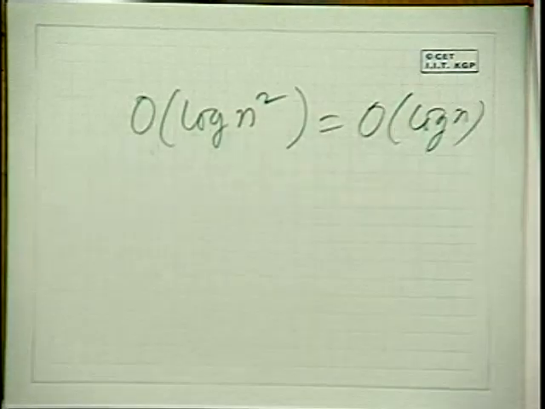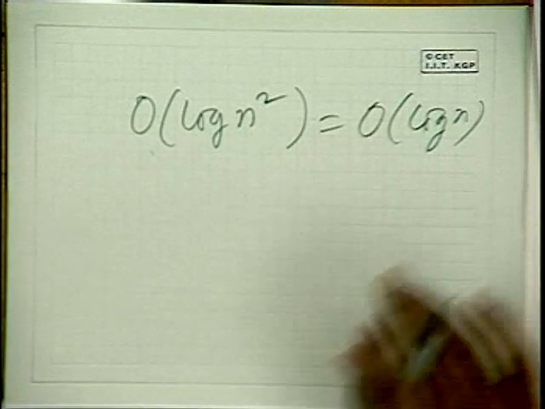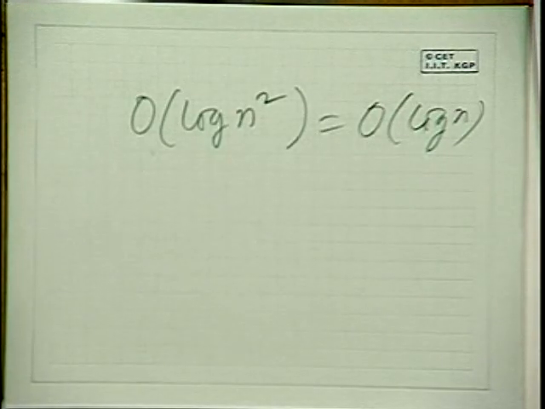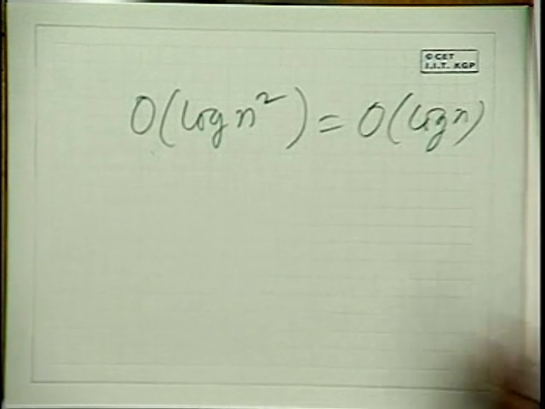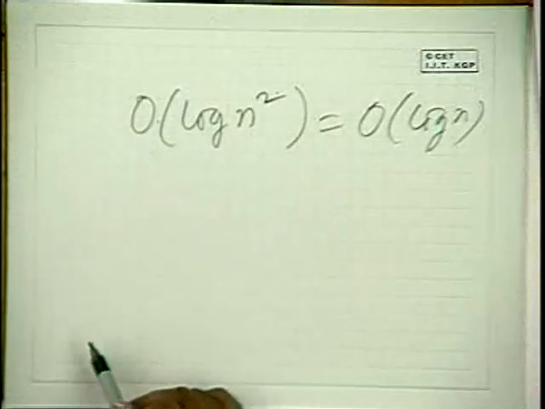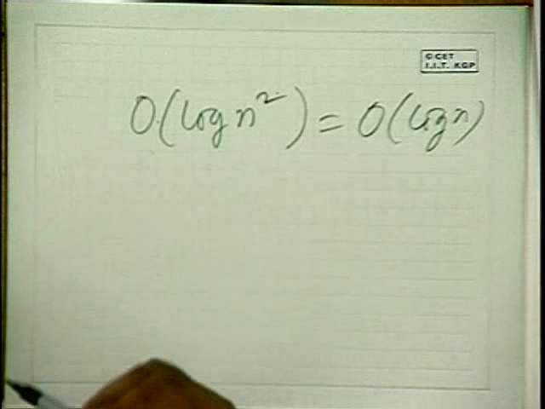Yes. So log of n to the power of some constant is always order of log n, because by the theory of logs, the constant in the power will come in front as a constant.